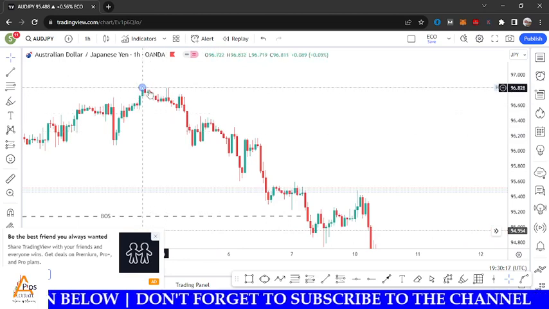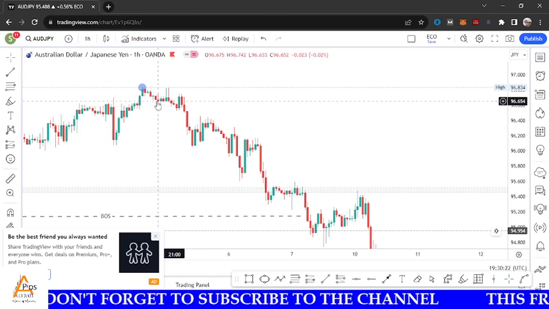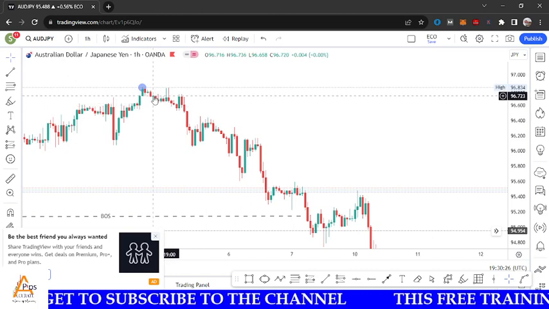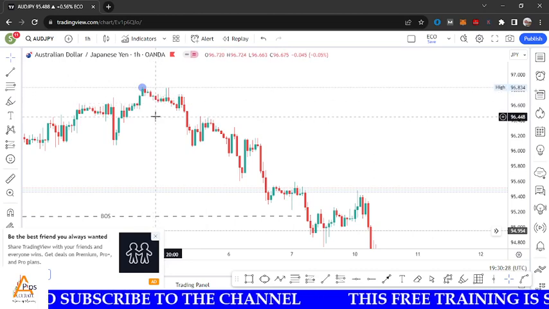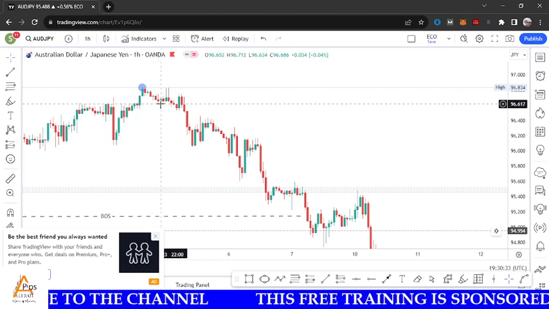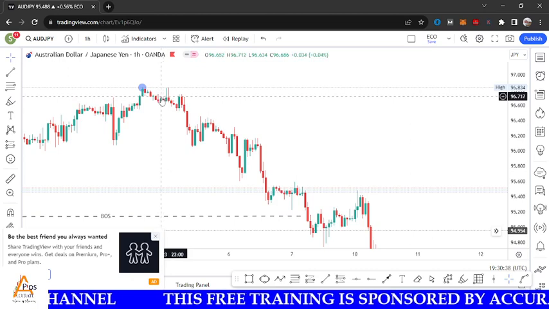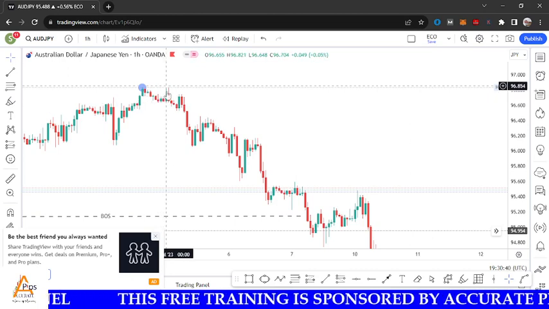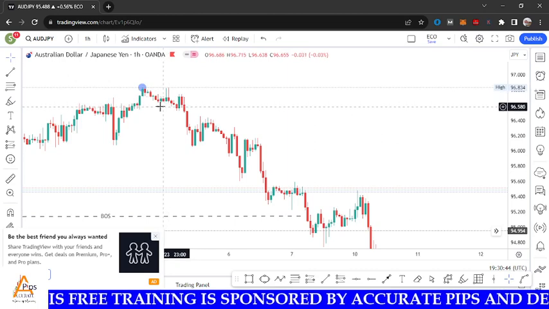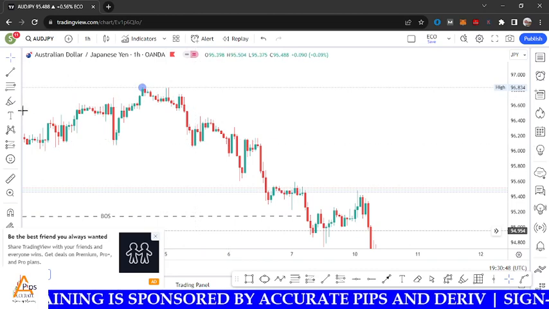Here this is not a valid pullback because this candle didn't take the high. Here also we don't have any valid one because this guy is still in the shadow here. Now this guy is having an equal low with this green candle, and then this guy same way equal low. So this green candle took the high of these guys. So this is our last buying momentum before this drop.